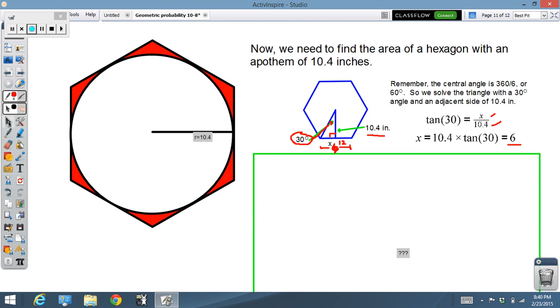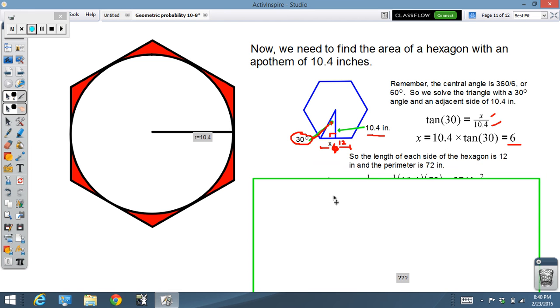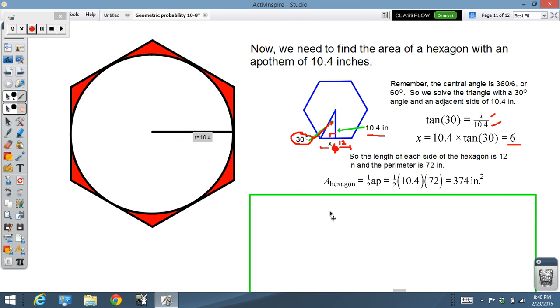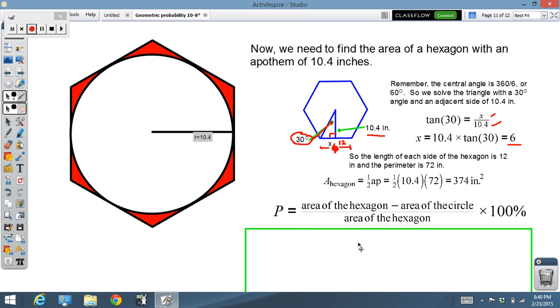And if that side length is 12, the total perimeter is 6 of those sides, or 72 inches. So the area of the hexagon, then, is 1/2 apothem times perimeter, 1/2 of 10.4 times the perimeter of 72, is 374 square inches.